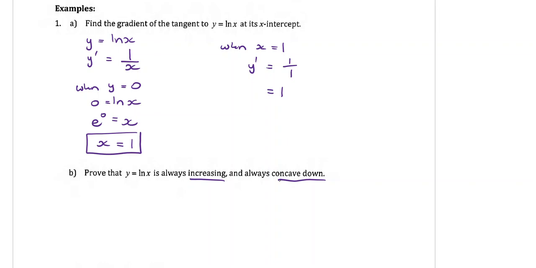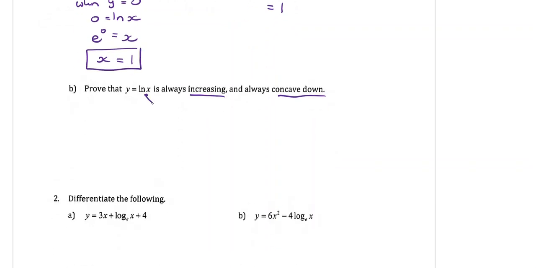A logarithm has a set domain, right? Remember the logarithm graph that comes around like this. What is the domain of ln of x? x must be greater than 0, that's right. So in here, my domain is that x is greater than 0.